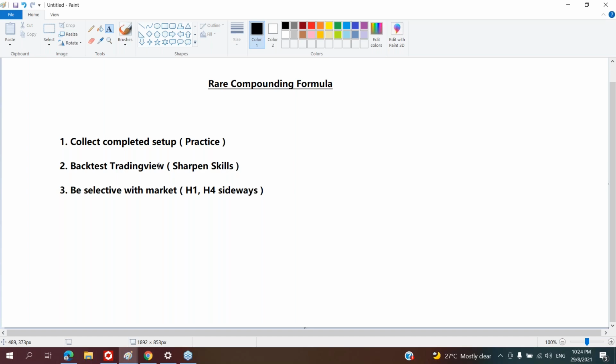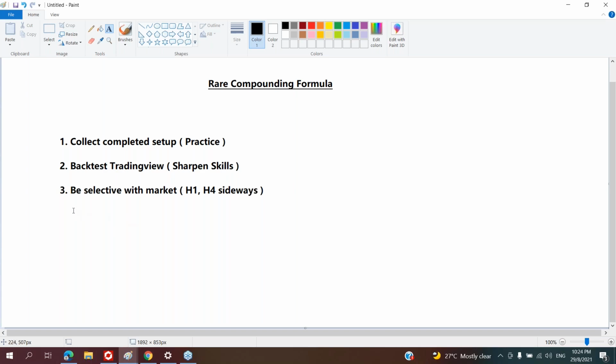We need multi-time frame analysis, and that is the most important, because we have to find confirmation. That's why I suggest TradingView. Maybe there's other software, I don't really know, but I prefer TradingView. It's up to you.